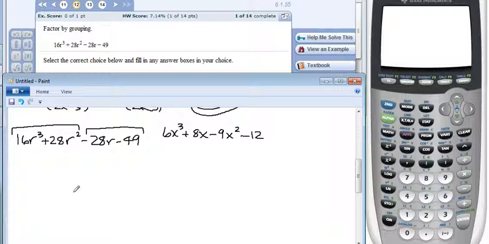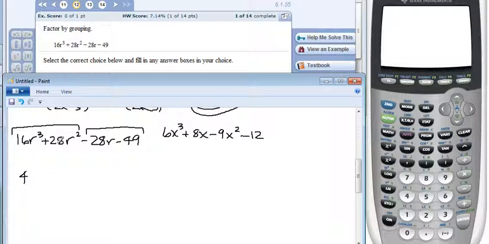Between a 16 and a 28, what is common? The biggest number that's in common between a 16 and a 28 would probably be a 4. 4 goes into 16 and 4 goes into 28. I don't know that anything else goes in there that's bigger. So we'll take out a 4.